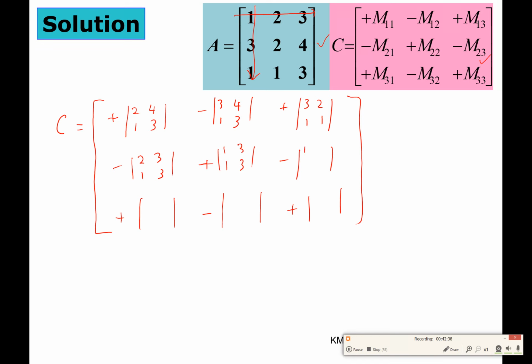Here is 1, 2, 1, 1, and for the 3, 1 entry, 2, 3, 2, 4, and 1, 3, 3, 4, and 1, 2, 3, 2. Then you start to calculate.